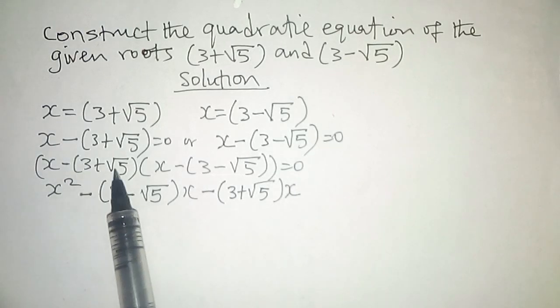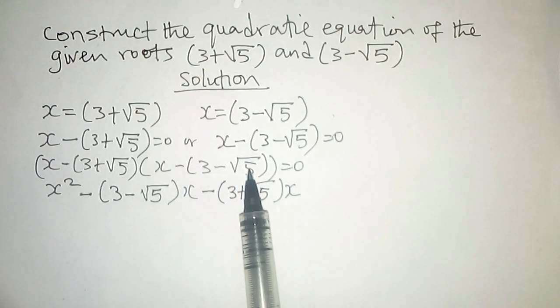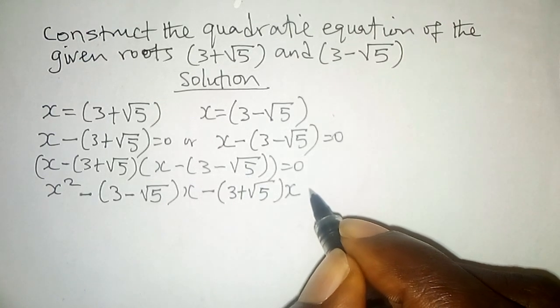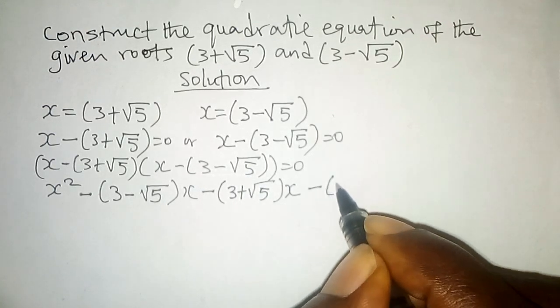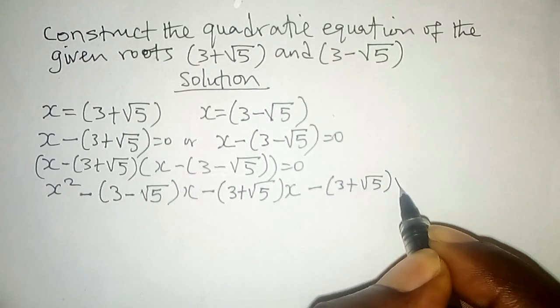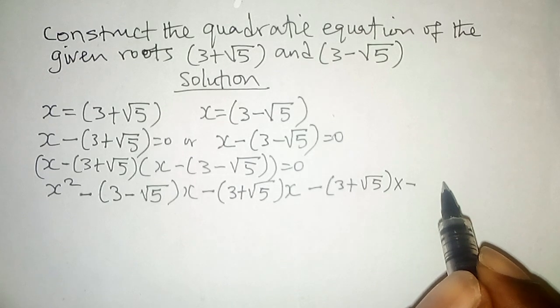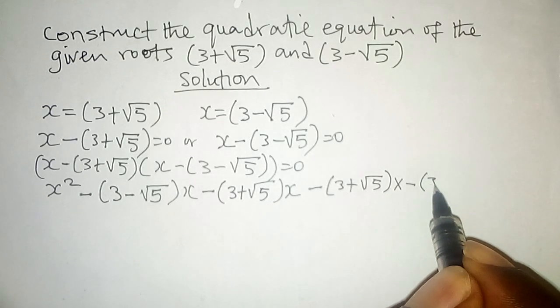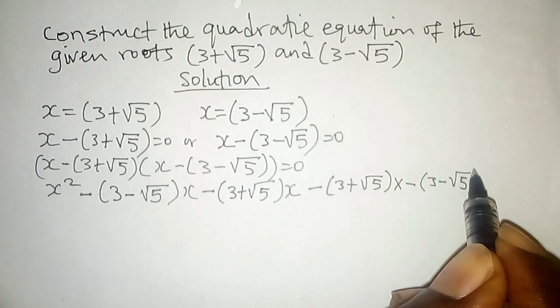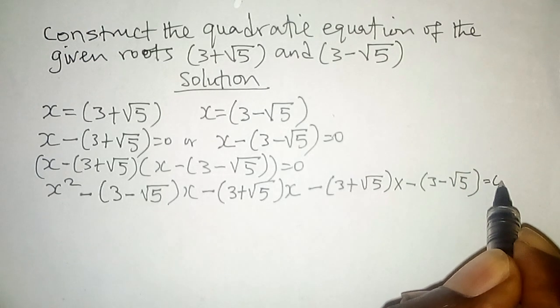So now this will multiply this. We write it as minus (3 plus the square root of 5) multiplied by minus (3 minus the square root of 5) equal to 0.